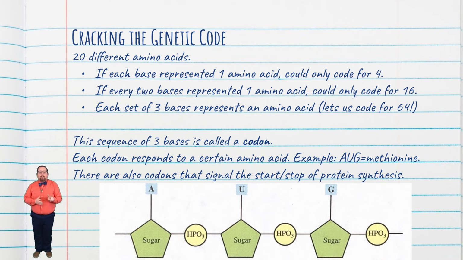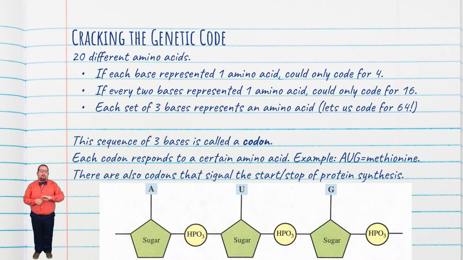If we were to use 2 bases together to code for our amino acids, that gives us 16 different combinations, still 4 short of how many amino acids we have. Therefore, the order in which 3 bases are linked together, giving us 64 different possible combinations, gives us our code for our amino acid. That 3-base sequence is called a codon.